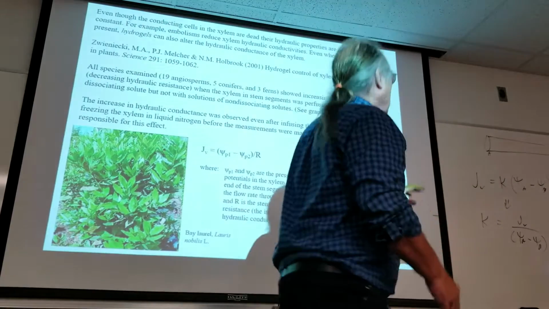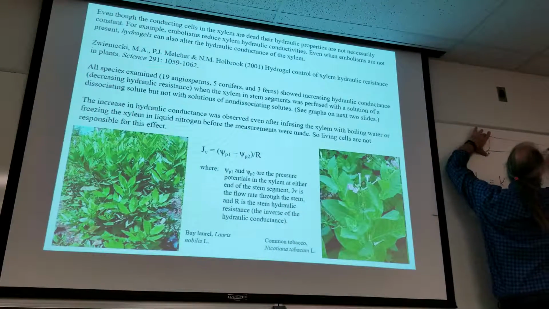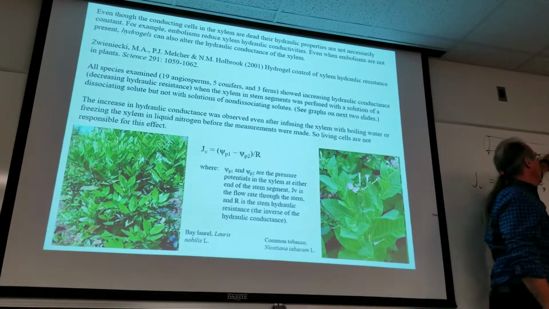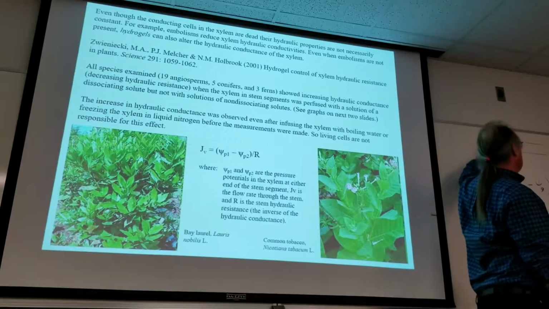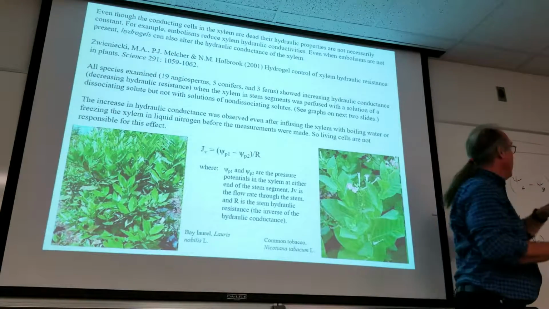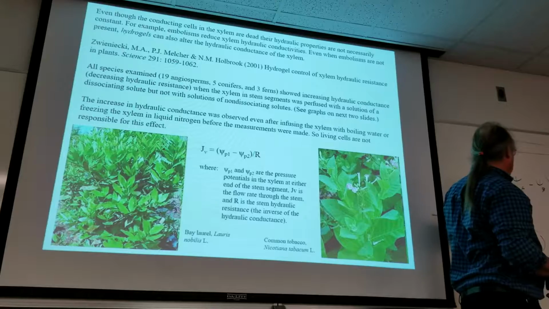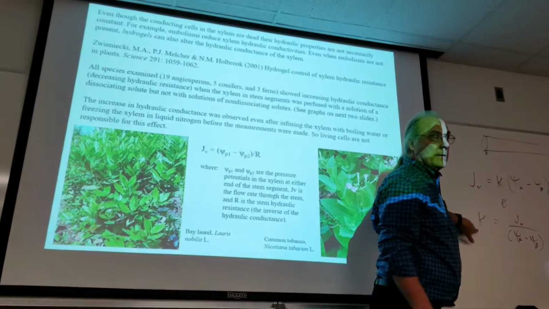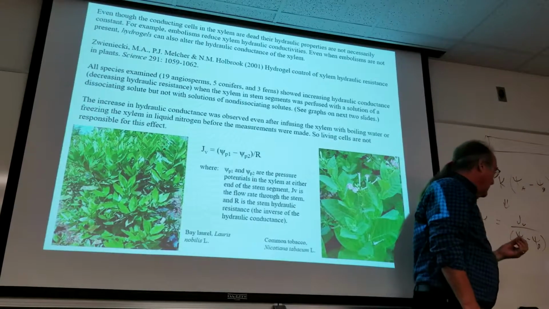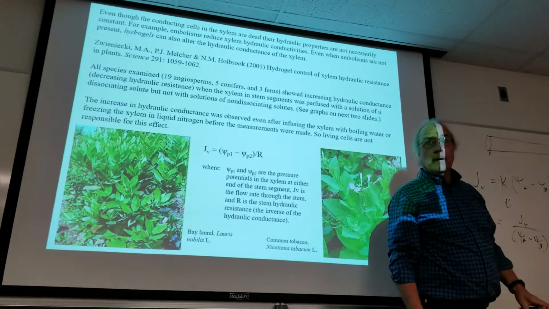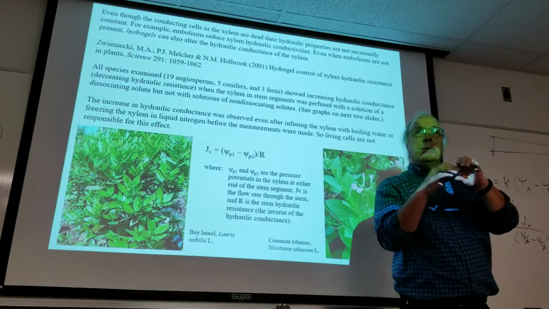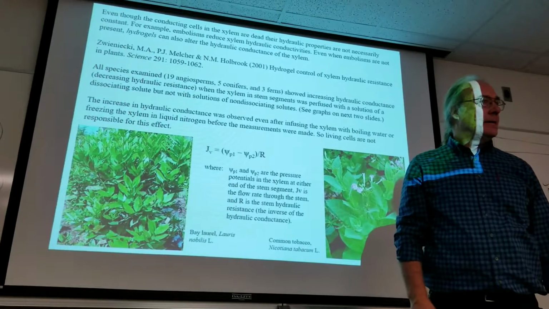And that is, when they made these measurements of resistance in a piece of a stem of a plant, by putting a difference in pressure potentials across that piece of stem and measuring the flow rate through the xylem, they were able to calculate conductivity for this piece of stem. What they found was that if they used distilled water, they get a different conductivity than if they used water with some ions dissolved in it.